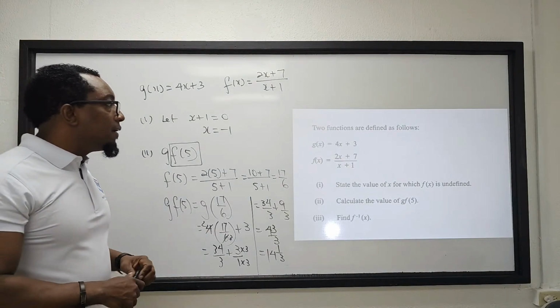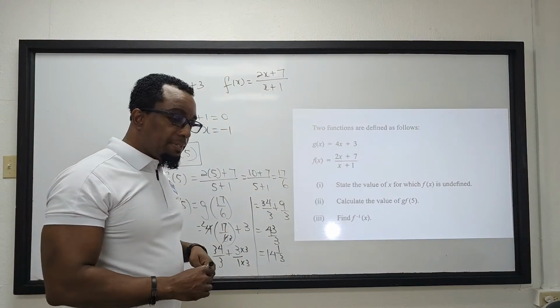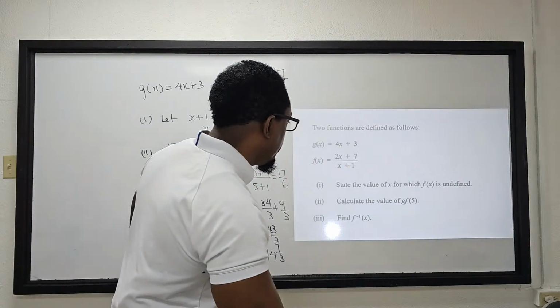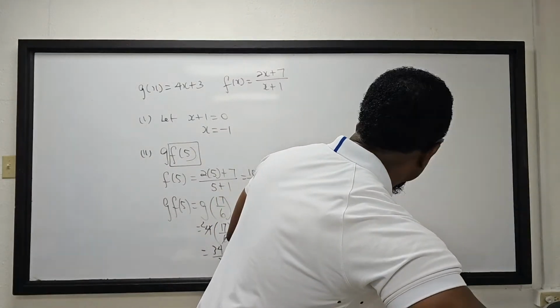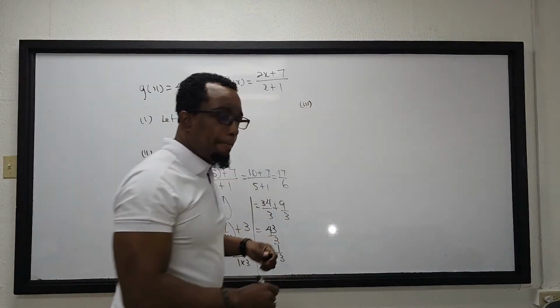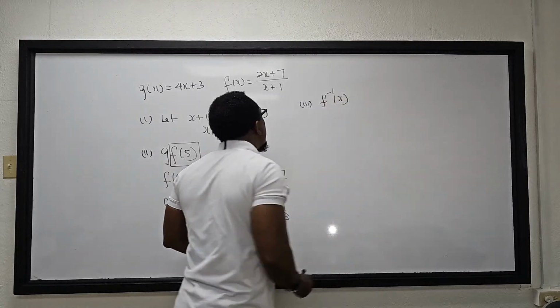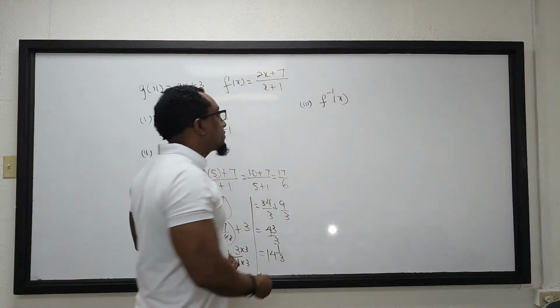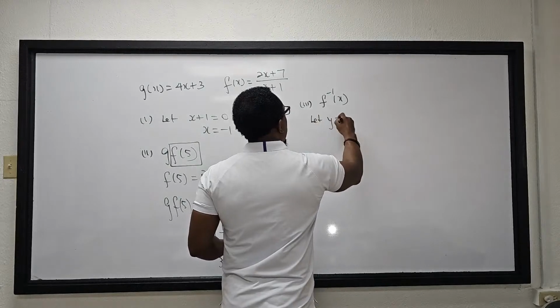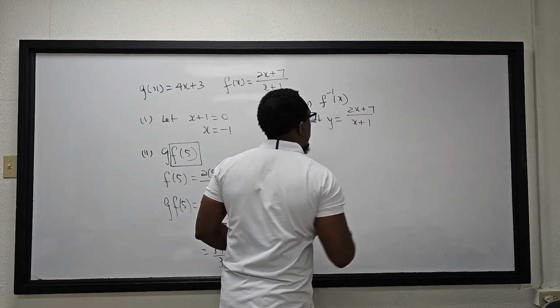And let's find now the inverse of f. What is f inverse of x? So to find part 3, f inverse of x, carry out 3 steps. In step 1, we let y equal to 2x plus 7 over x plus 1.